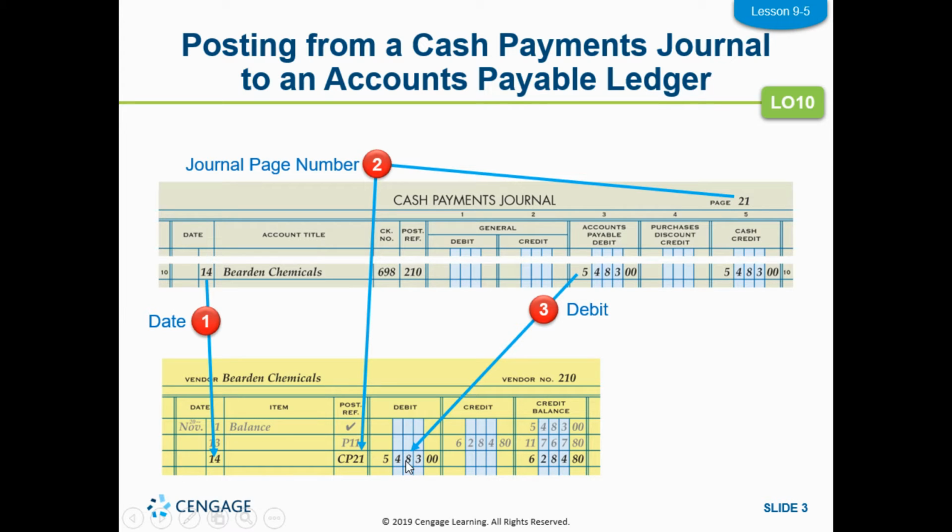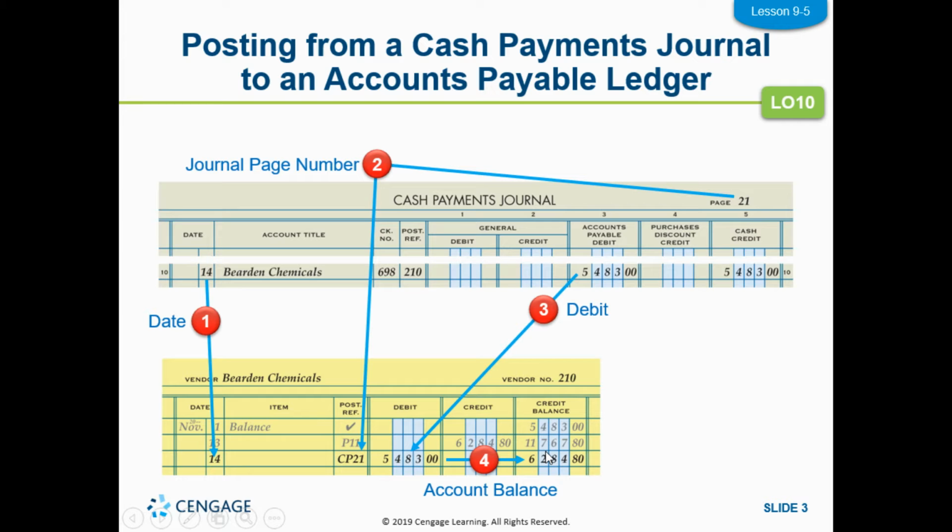We made a $5,483 payment. I'll get my numbers right. And then we subtract that, because that's a debit. We have a credit balance, we have a debit, so we're subtracting, reducing the amount that we now owe. And when the dust settles, we owe them $6,000 plus change down here to Bearden Chemicals. So we record the debit, we record the new balance, the previous credit balance minus the debit entry, come up with a new credit balance.